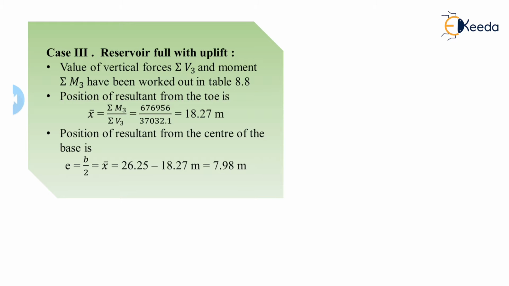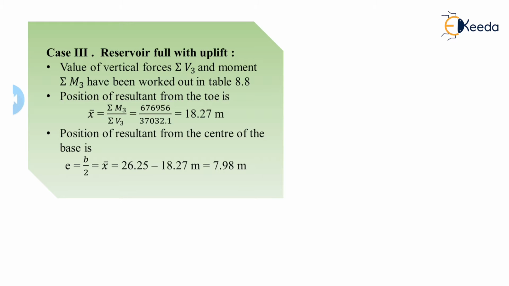So the summation of moments of all the forces divided by the summation of all the vertical forces will be the x bar. The value will be 18.27. You can check the value here. Why is the summation of M3 given here? Already I told you that in the previous second case, they solved the reservoir full condition without the uplift pressure, so in that case they took the summation of M2 and the summation of V2.